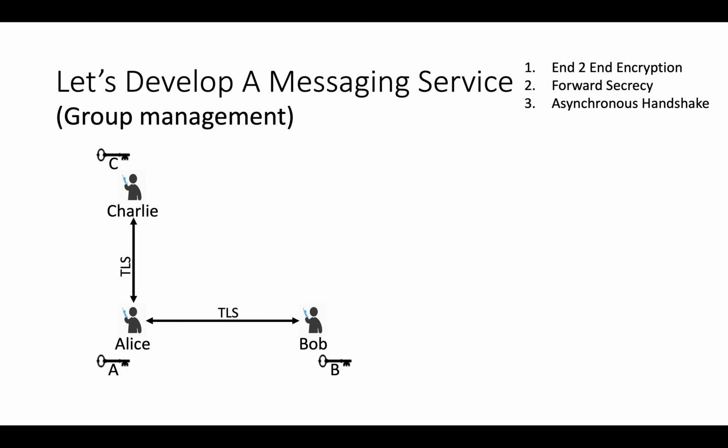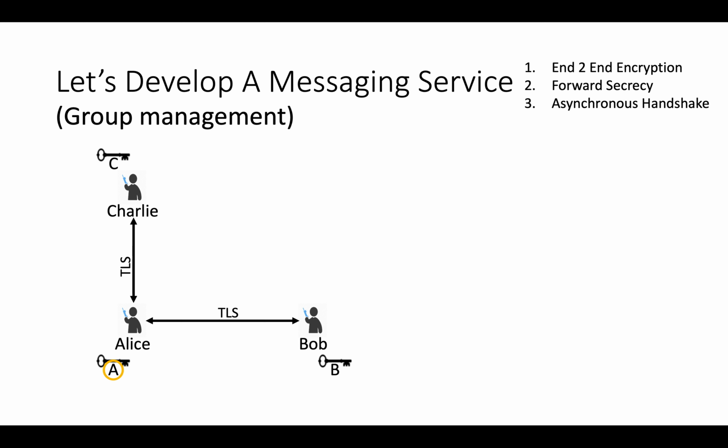Now, if Alice has to send a message to the group, then she just encrypts the message with key A and sends the encrypted message to the server. The server will broadcast the message to all participants in the group. When Bob and Charlie receive this message, they will identify that the message is coming from Alice and use key A to decrypt it.